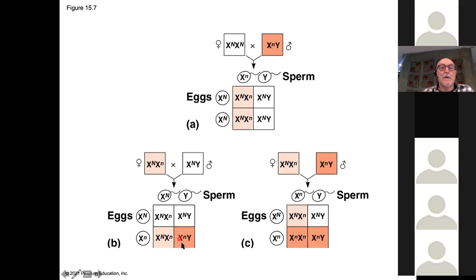So this must be expressed. This is a typical pattern of inheritance of these X-linked traits. The females are carriers. The phenotype remains hidden until it appears in males, usually in the second generation.